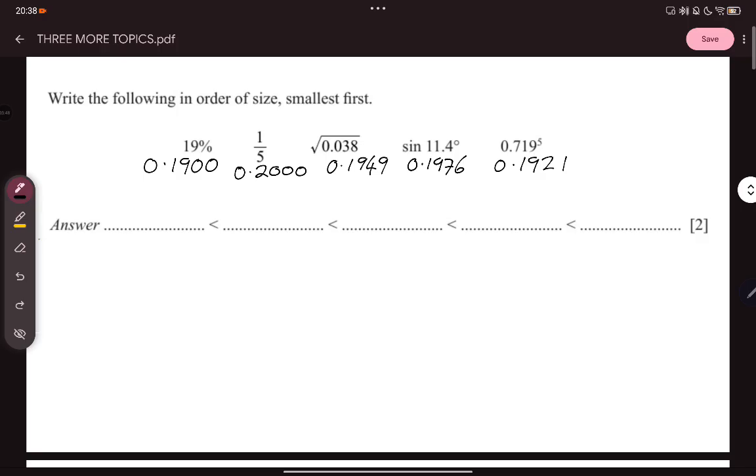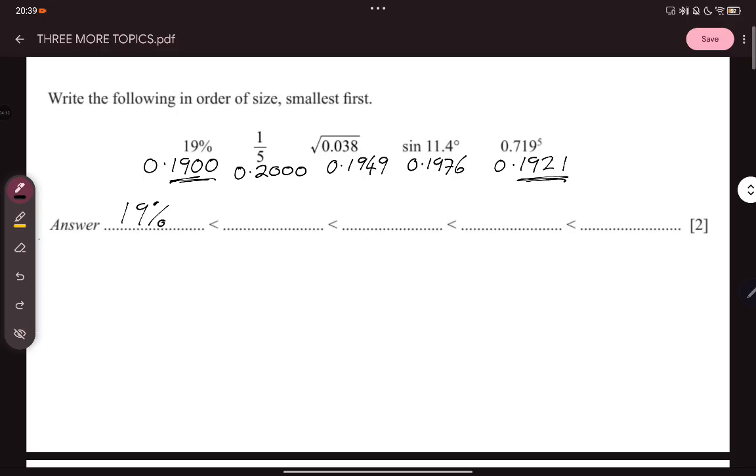So I've got 1,921, 1,976, 1,949, 2,000, and then 1,900. Well, that's the smallest then, isn't it? 1,900. So 19% is the smallest, remembering we have to write them using the original numbers. And then after that, 1,921, isn't it?